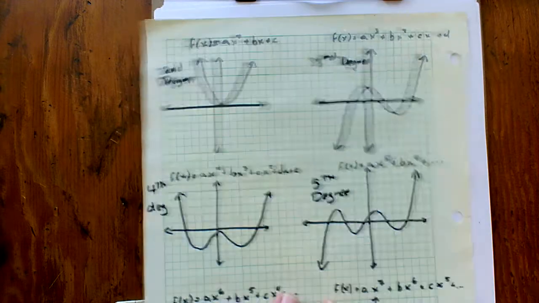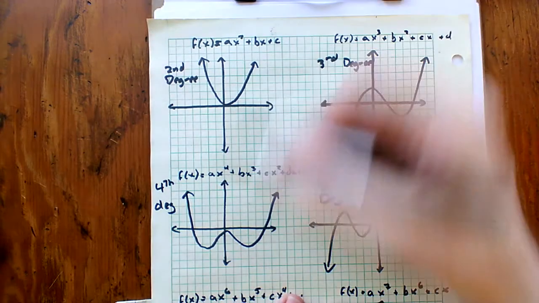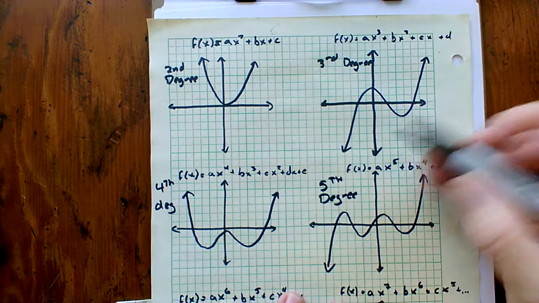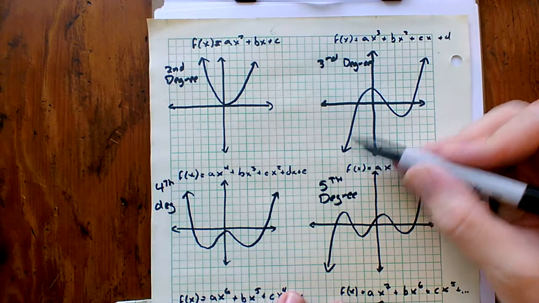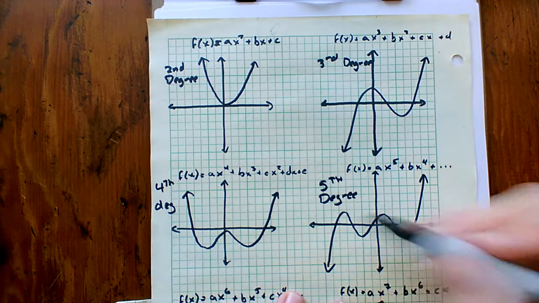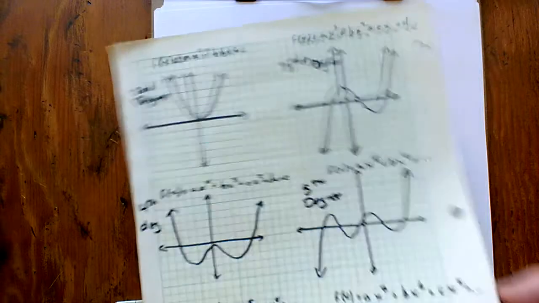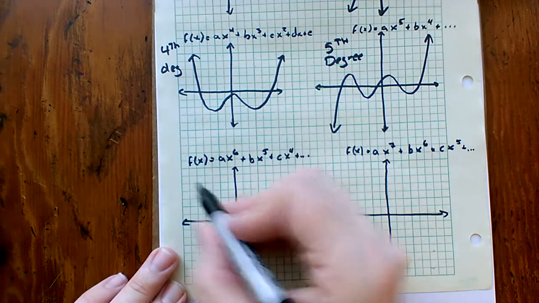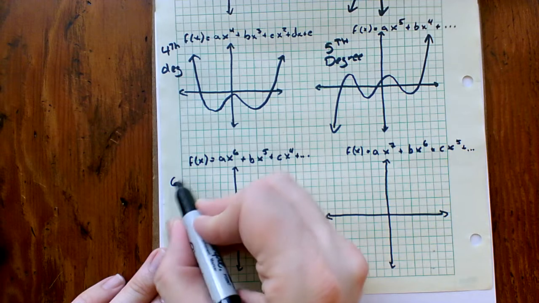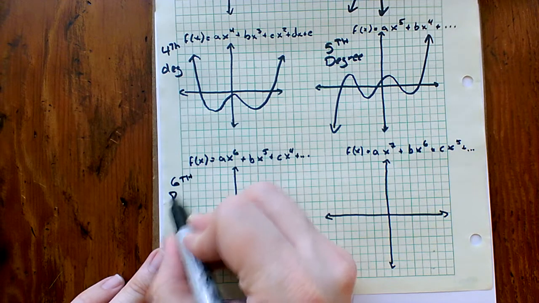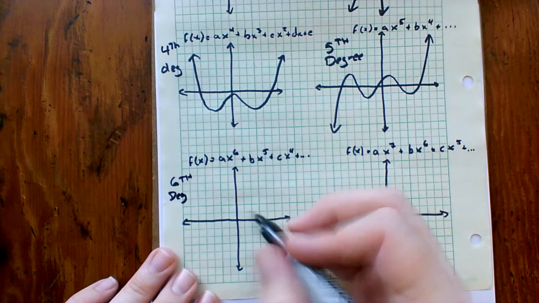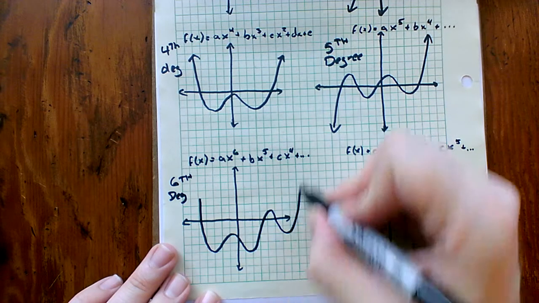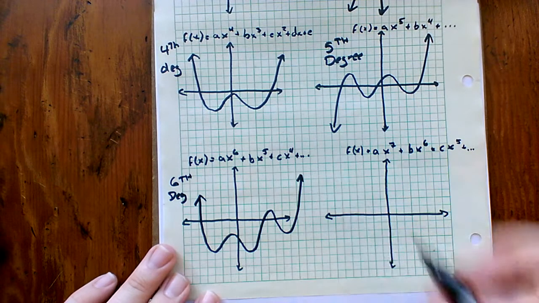So notice, every time I've got an even degree, I've got both ends up, or technically I could have both ends down. With an odd degree, I'm always going to have one end down and one end up. And I could just follow this trend along. If I've got something that's, say, a sixth degree, then this could have even more turning points.